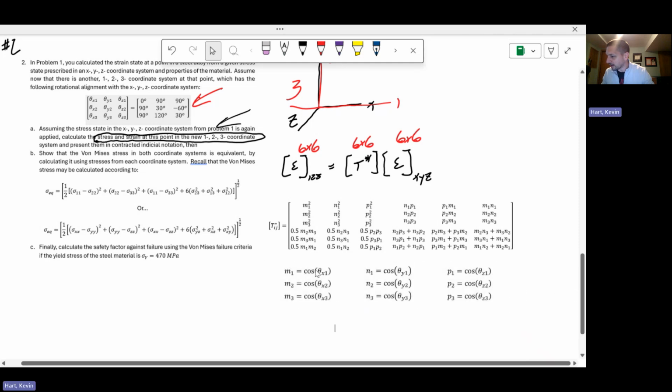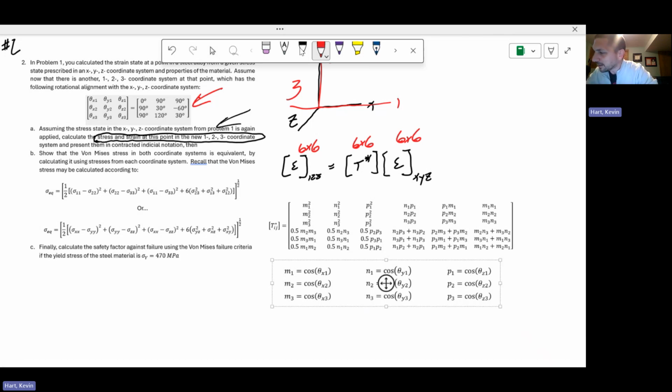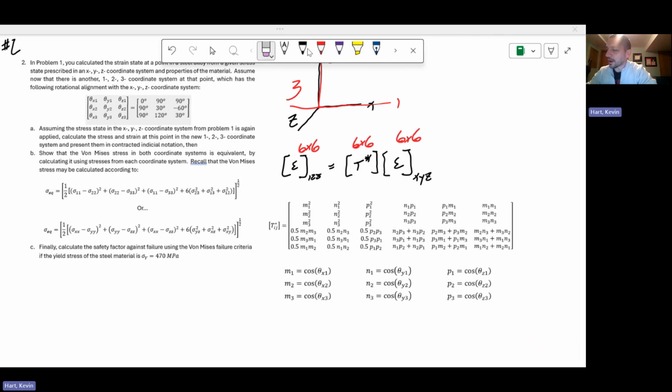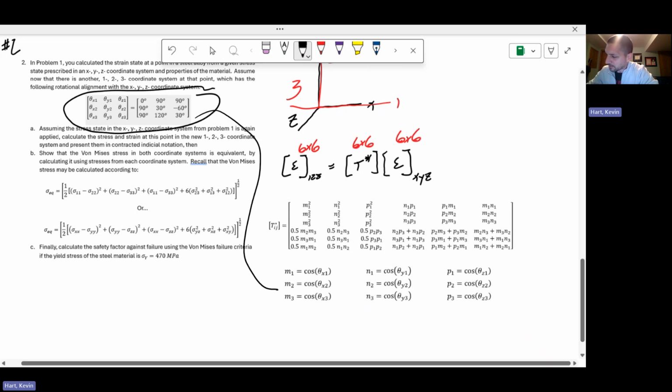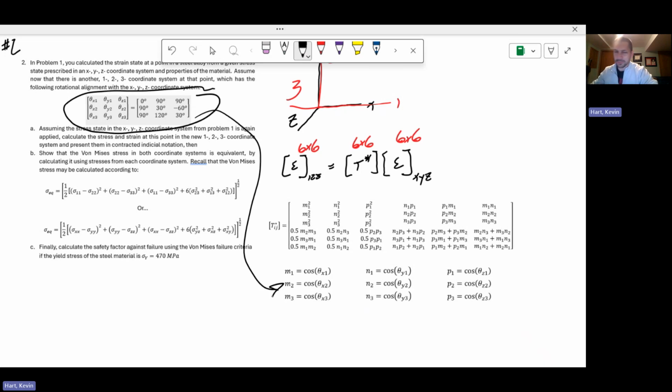It uses the cosine of theta x1, cosine theta y1, and so on. You can take these angles that are given to us, which tell us the relationship between the XYZ and 1, 2, 3 coordinate systems, plug them in here to figure out what M1, M2, M3, N1, N2, N3, P1, P2, P3 are, then punch those values in to figure out the transformation matrix T star, and plug T star in alongside the strain that exists.